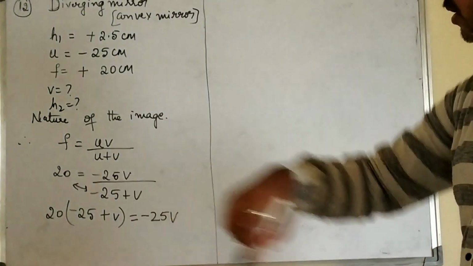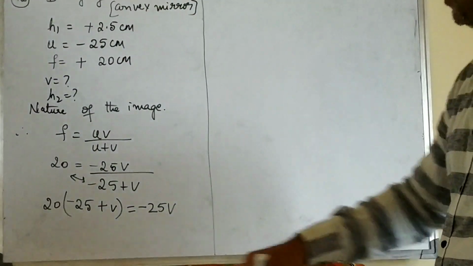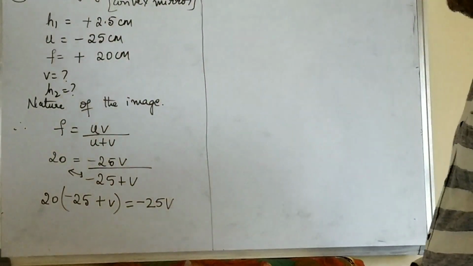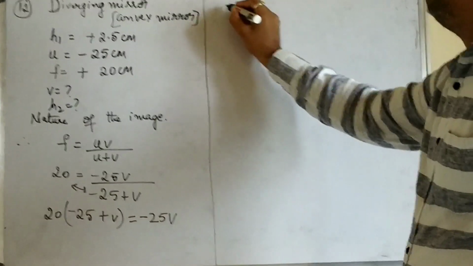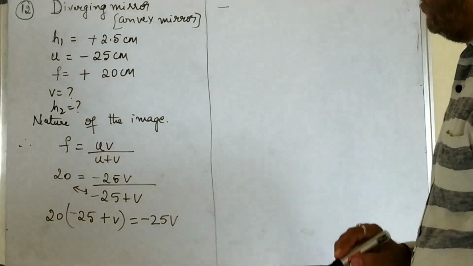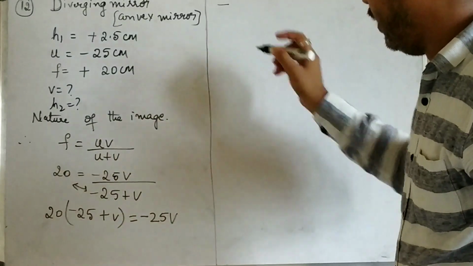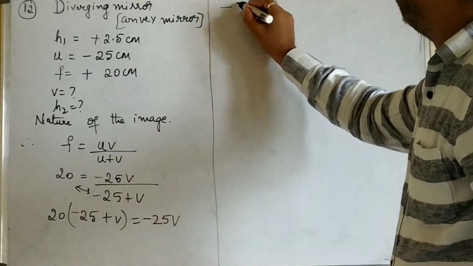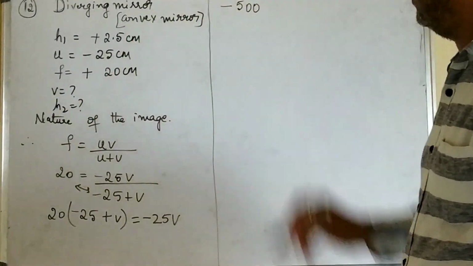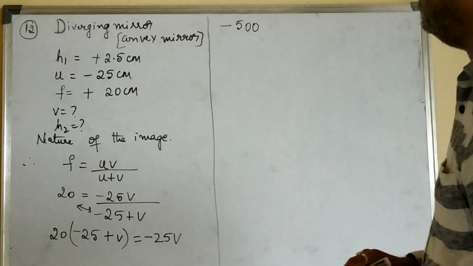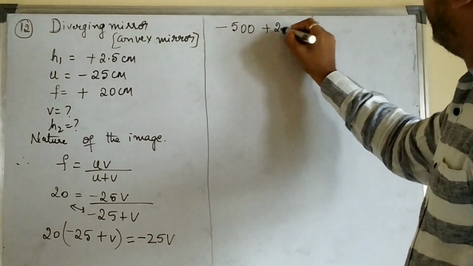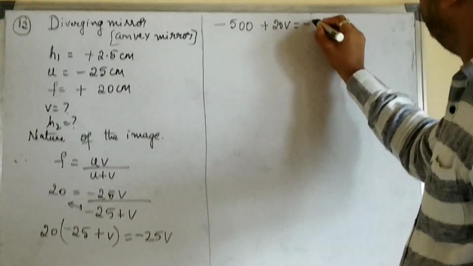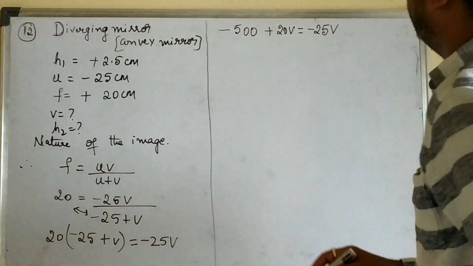Then multiply the terms within the bracket. So minus 20 into 25, what you will get? 500, right? Because 25 twos are 50, so you get minus 500, then plus 20v is equal to minus 25v.